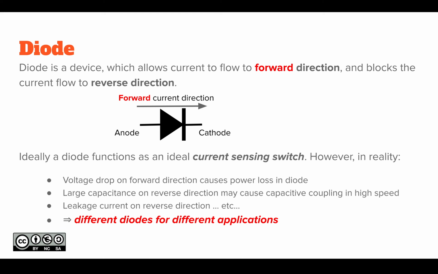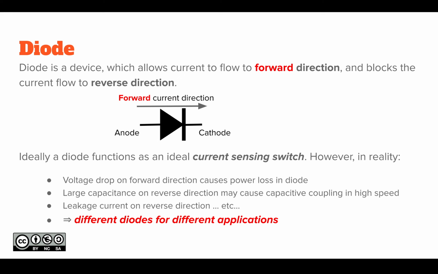However, in reality, there is a voltage drop. If there is a current and there is a voltage drop, it actually also means power loss in the diode. So there is always some power loss in these diodes.